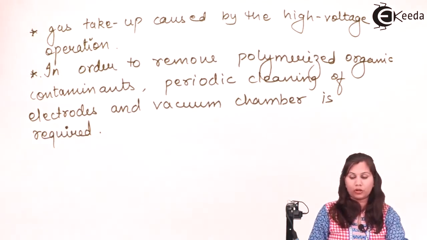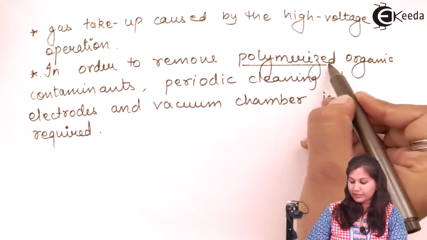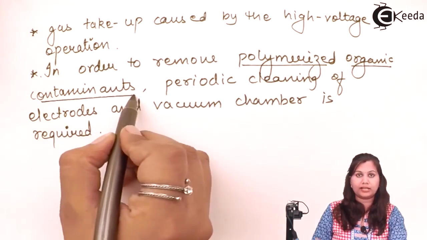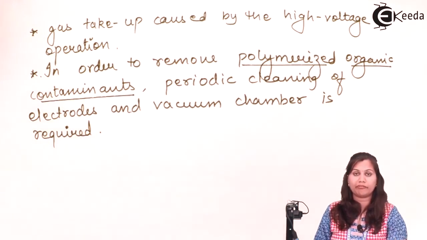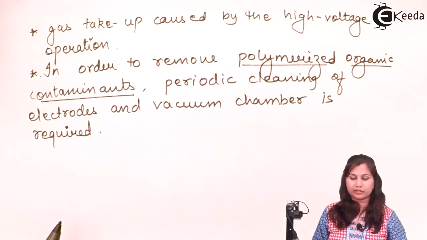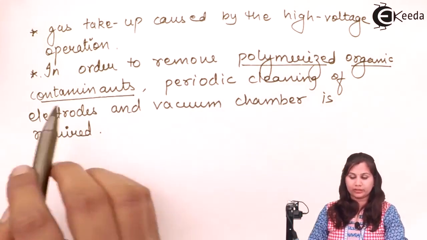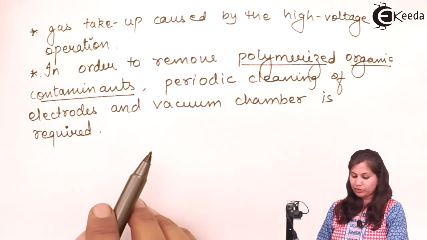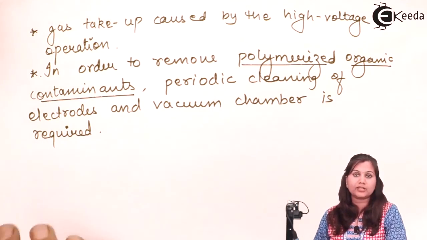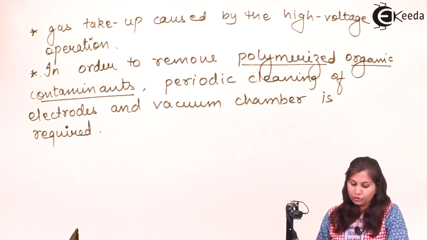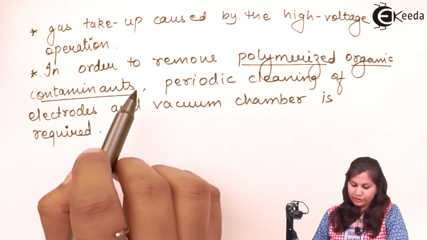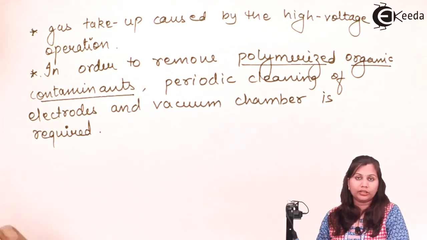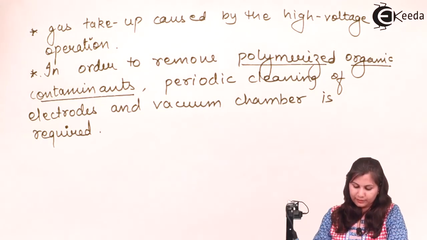In this tube there are also some polymerized organic contaminants, and these contaminants are going to affect the measurement readings. So in order to remove these contaminants, periodic cleaning of the electrodes and vacuum chamber is required in the cold cathode type. So these are the disadvantages of the cold cathode type of ionization vacuum gauges.